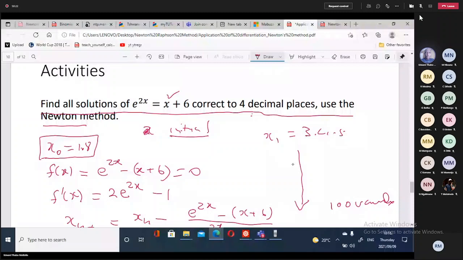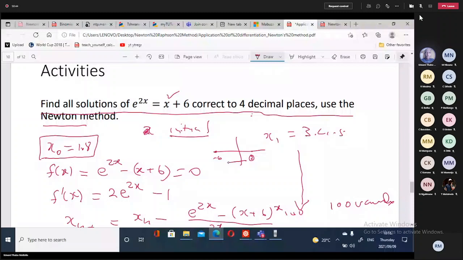I took a value somewhere next to 2. So you can see this is far. I'll calculate many values until I reach that point. Sometimes I'll even get bored and stop there. So for your solution to converge, you must take a value very close to your x-intercept, okay?